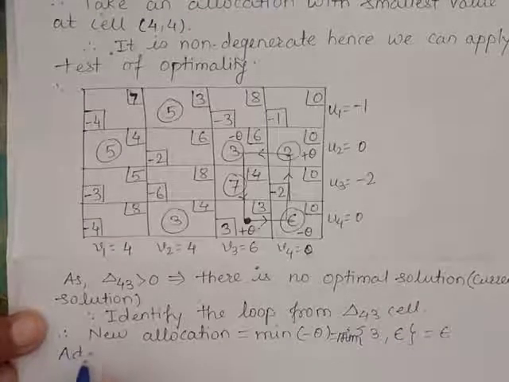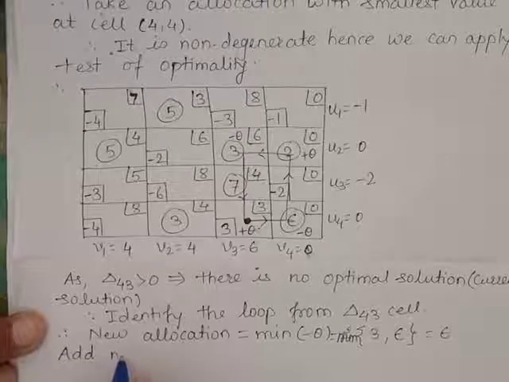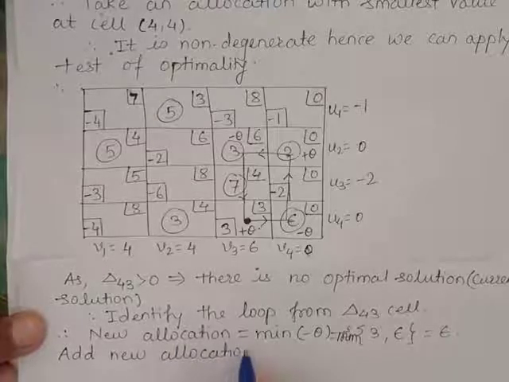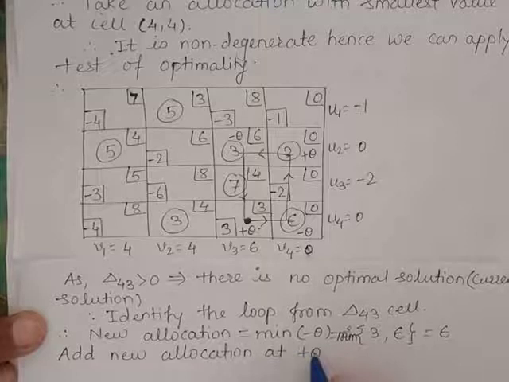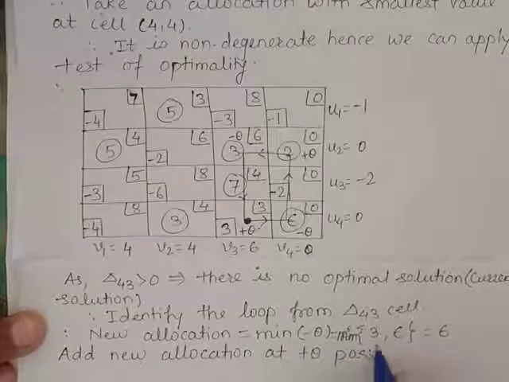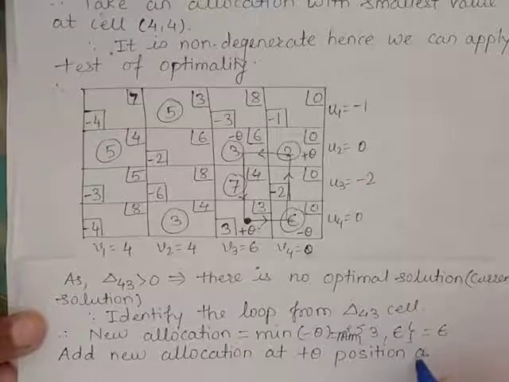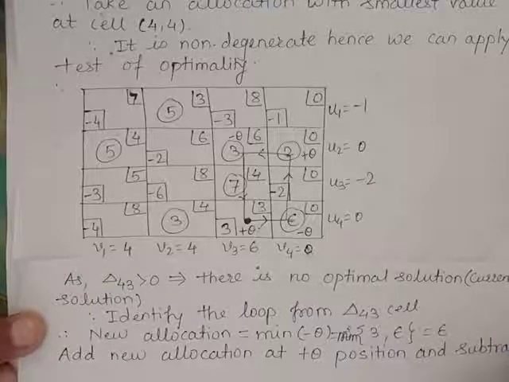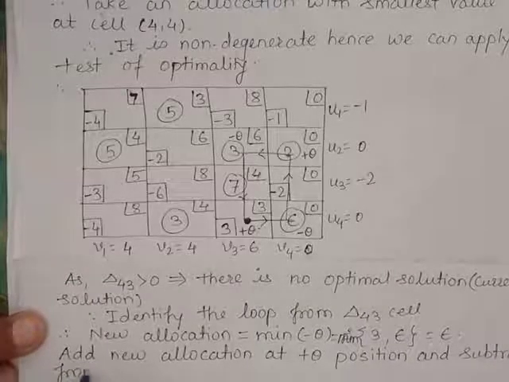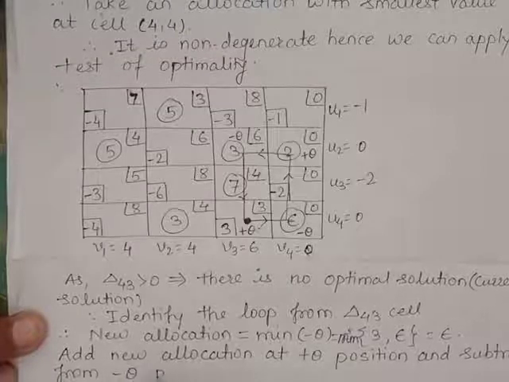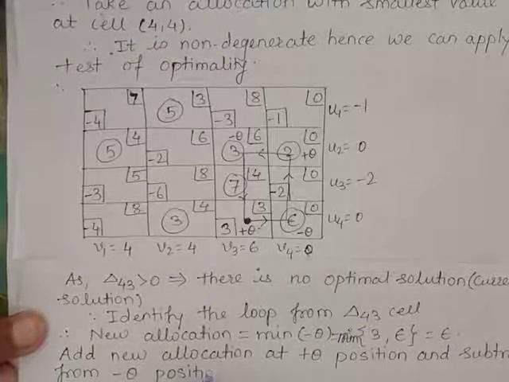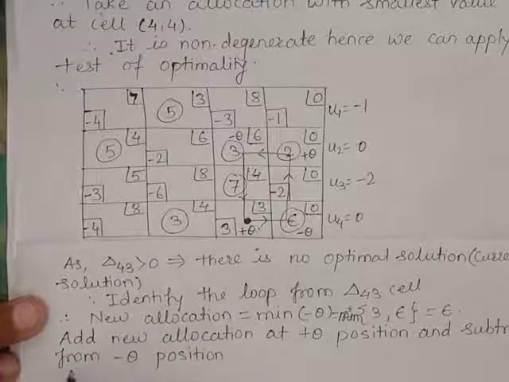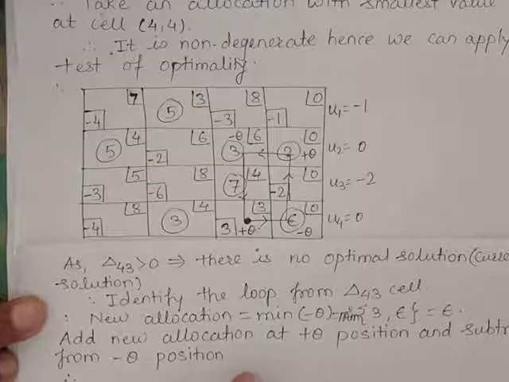So add the new allocation at plus theta position and subtract from minus theta position. Therefore again let's prepare a new table.